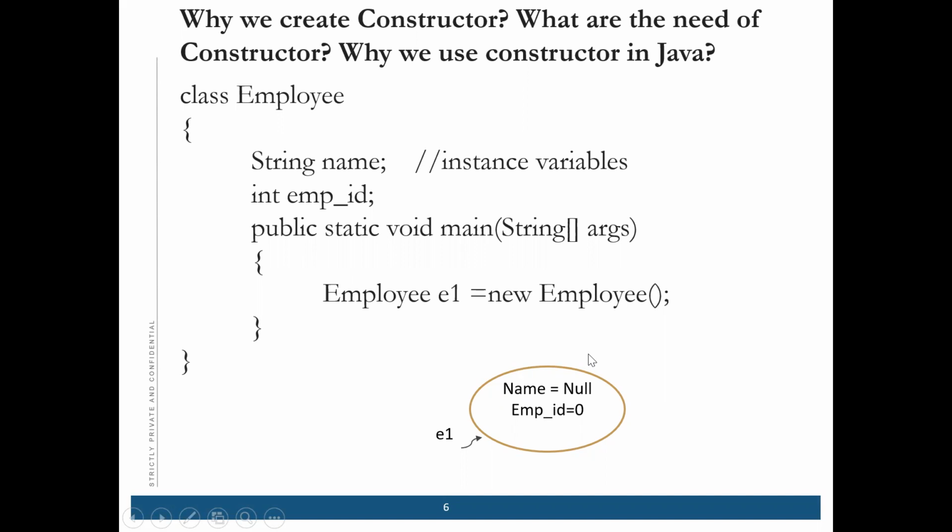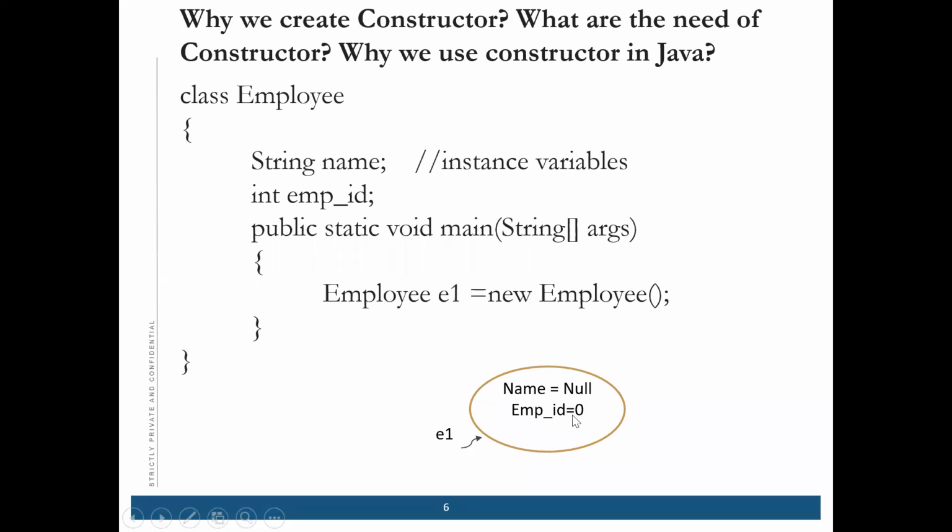So we write the instance variables, string name and employee ID, so that we can use them for all the employees. When we create an object, memory is allocated, and the object has all the instance variables inside it, initialized as null.